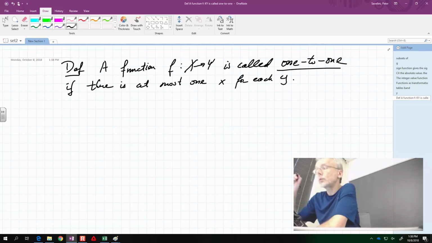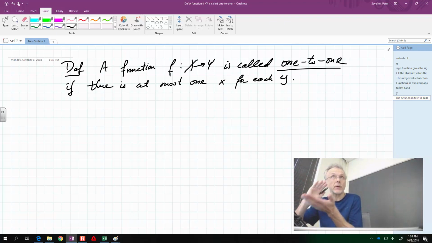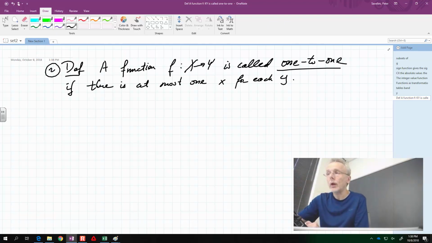At most, which means that it cannot be 2, but it could be 0. Okay, so there is no overlap between these two. So issue number 1, onto, and issue number 2, one-to-one, do not overlap.